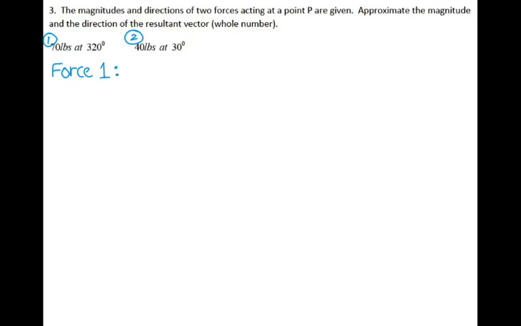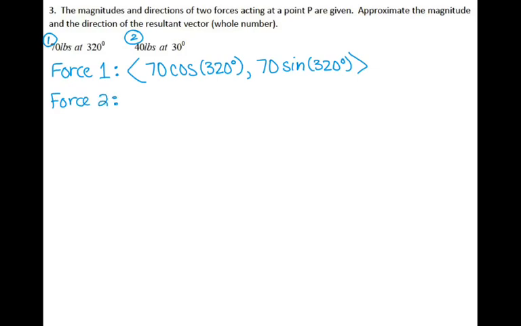So for force number 1, I'm going to find my vertical and my horizontal components by taking the magnitude, which is 70, and then my horizontal component is going to be times cosine of 320 degrees, and my vertical component is going to be 70 times sine of 320 degrees. And I am going to do the same thing with force number 2.